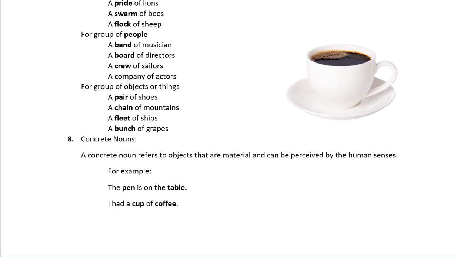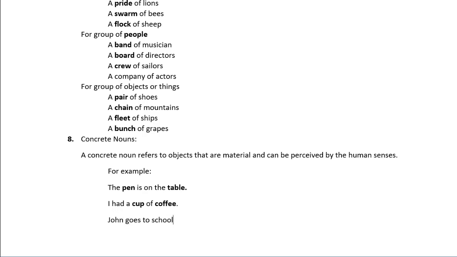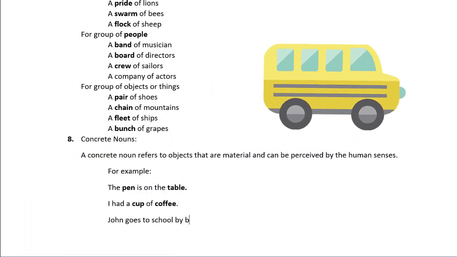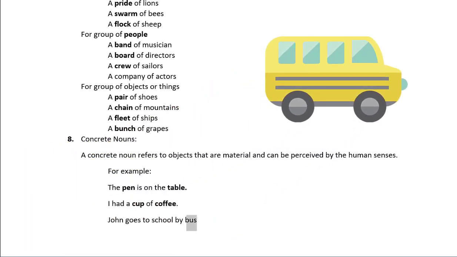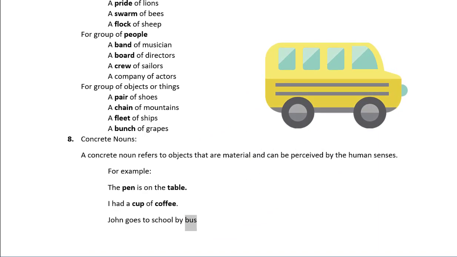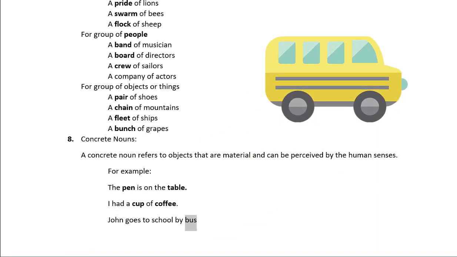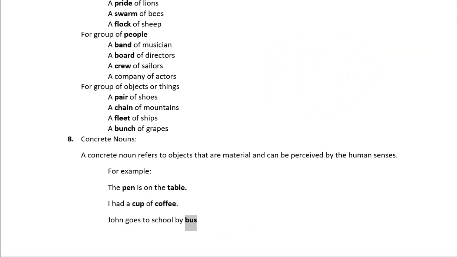So both are concrete nouns. Similarly, Ali or John goes to school by bus. We can touch the bus, we can sit on the seat of the bus. So it is again a concrete noun. I hope you understood about the concrete noun.